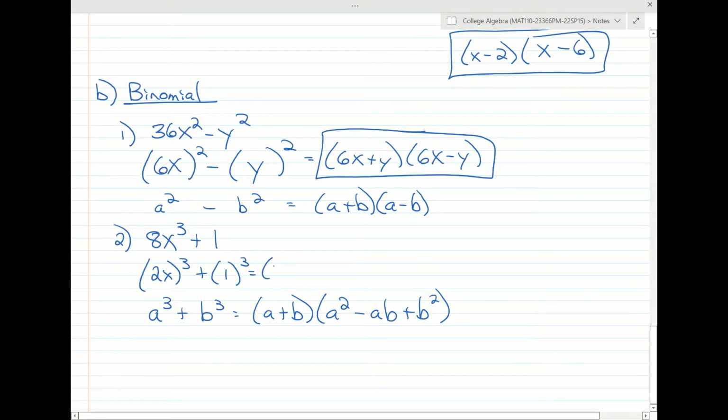So this would just be 2x plus 1 times 2x to the second power minus 2x times 1 plus 1 squared. Or fully simplified, 2x plus 1 times 4x squared minus 2x plus 1.